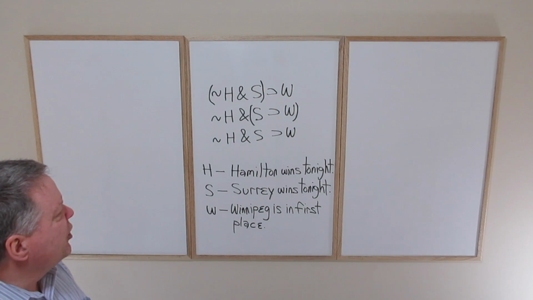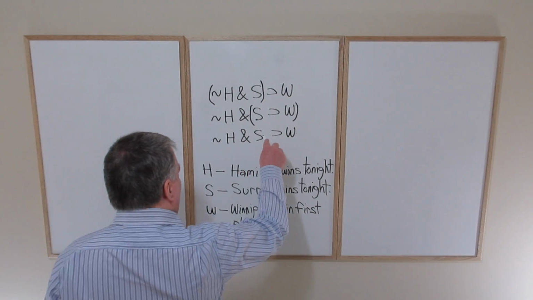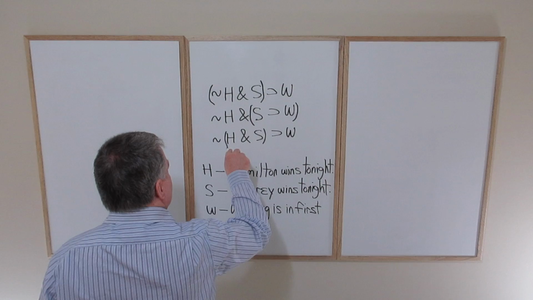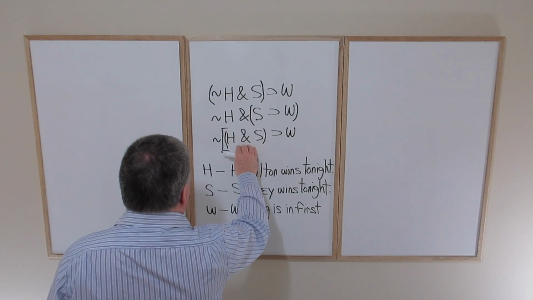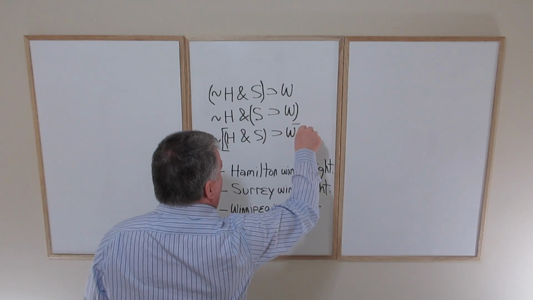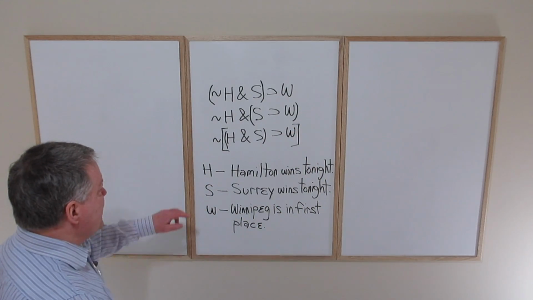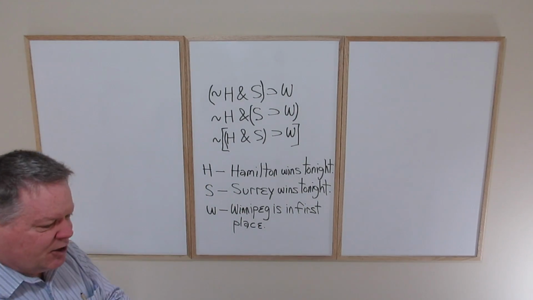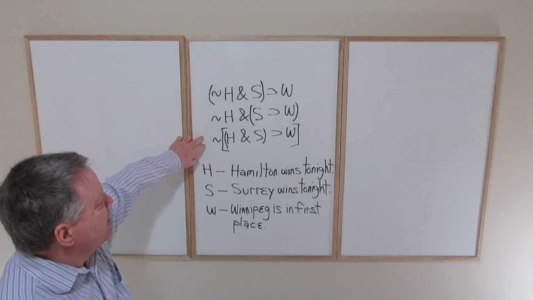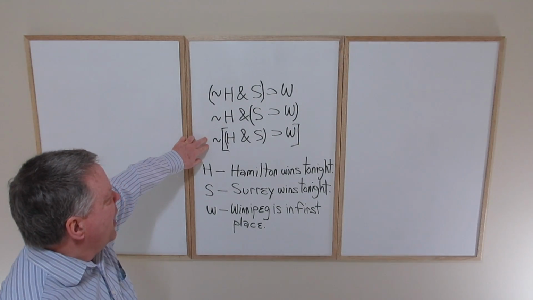A third way of ordering it, though, we could put one set of brackets around this conjunction to keep it together, and another set of brackets around the entire conditional. This bottom one is now a negation.